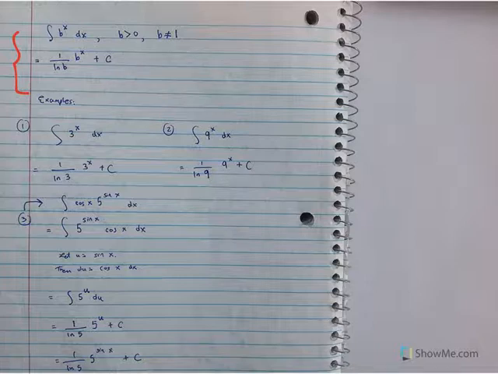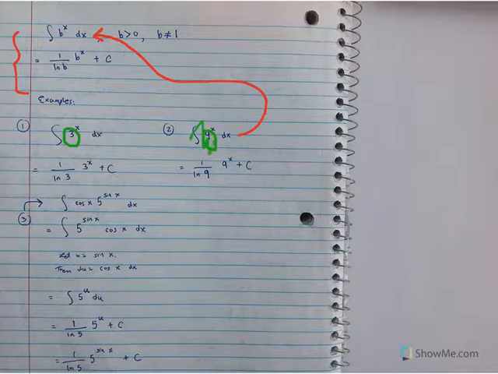Let's take a look at another simple example. In this one, we also have an indefinite integral that fits our rule exactly. The only difference between 1 and 2 is, in number 1, the base was 3, and in number 2, the base is 9. So let's see how we apply our new integration rule to find the integral here.